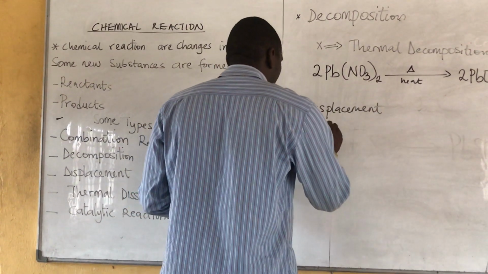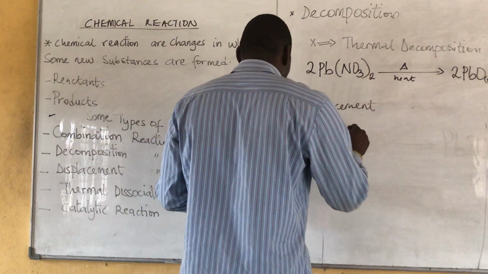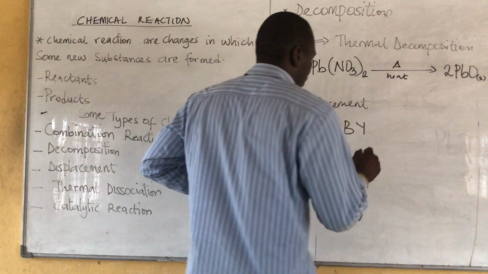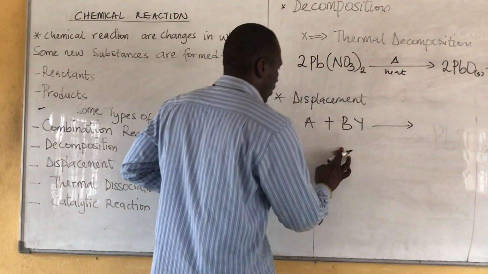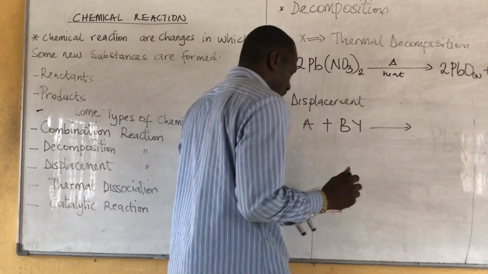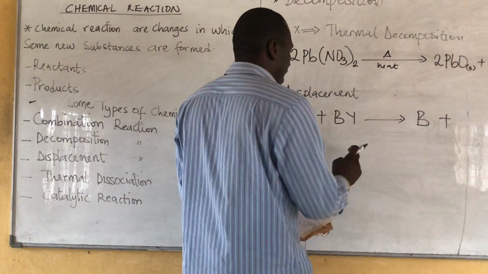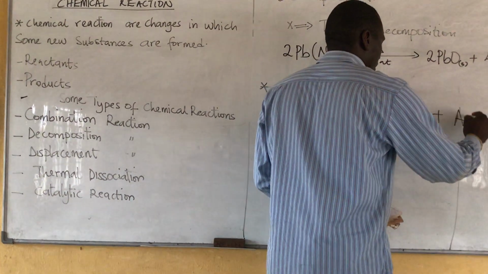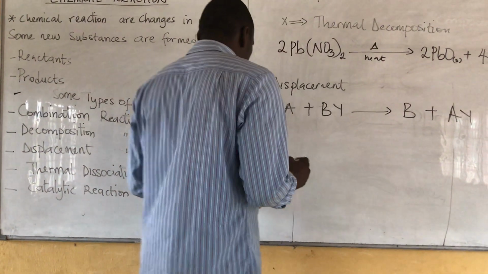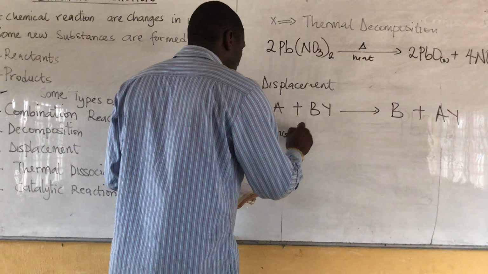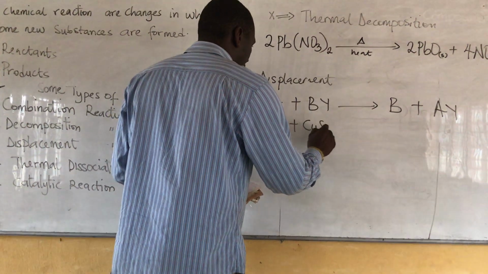Let's see an example. A plus BY. This will remove Y from B, so that B will be on its own and A replaces it. Let's say an example, zinc plus copper sulfate.